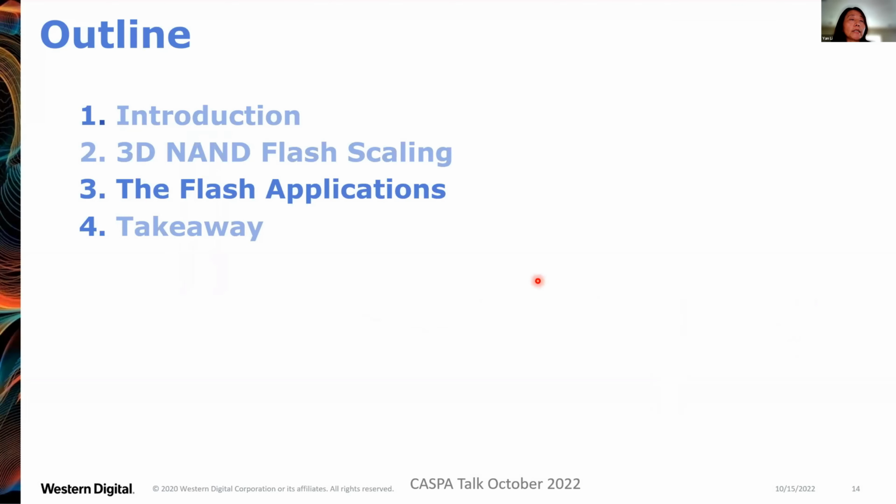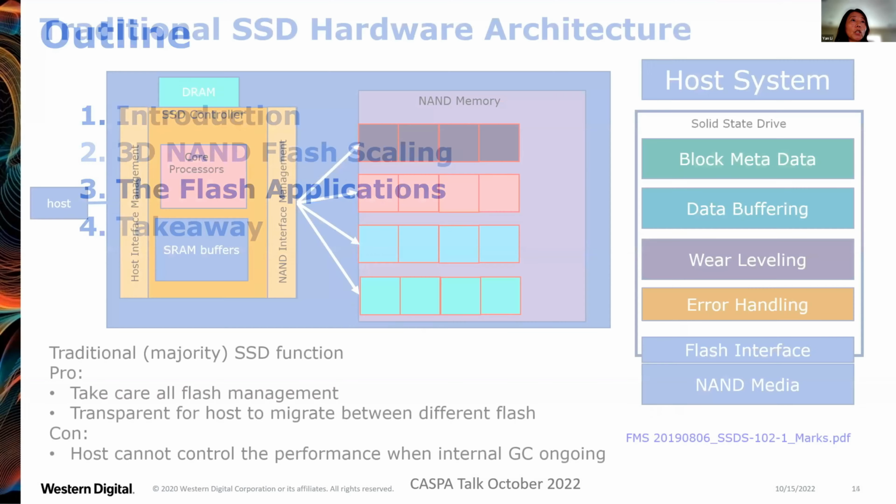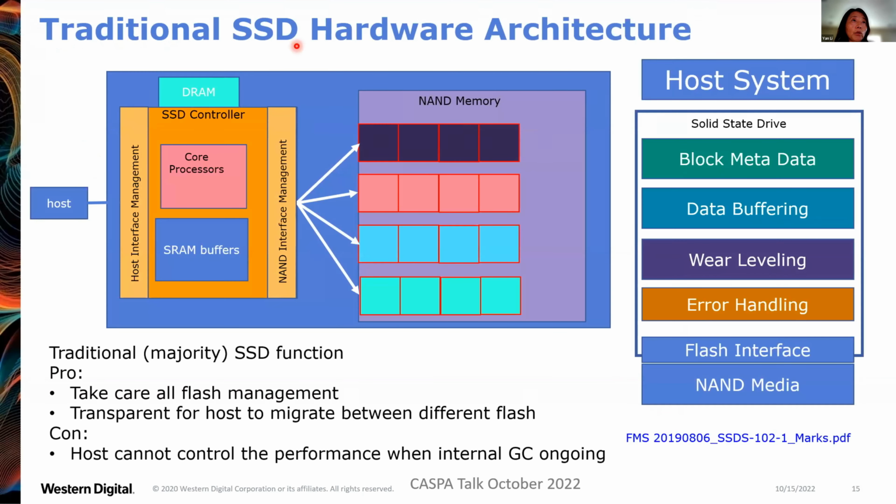Okay, let me talk about some of the NAND flash applications we see at the Flash Memory Summit this year. Some of them are from previous years, but I just give you some introduction on the new trends in general. As you may know, the SSD is built like this. You have an SSD controller and you have a bunch of NAND flash memories.